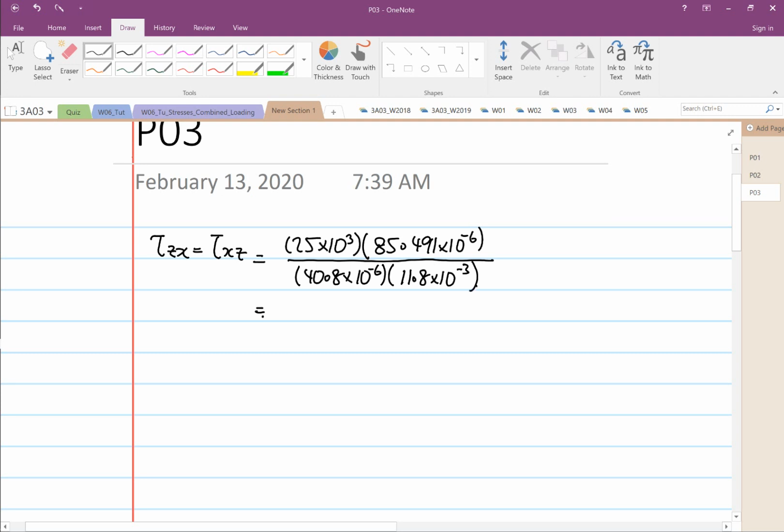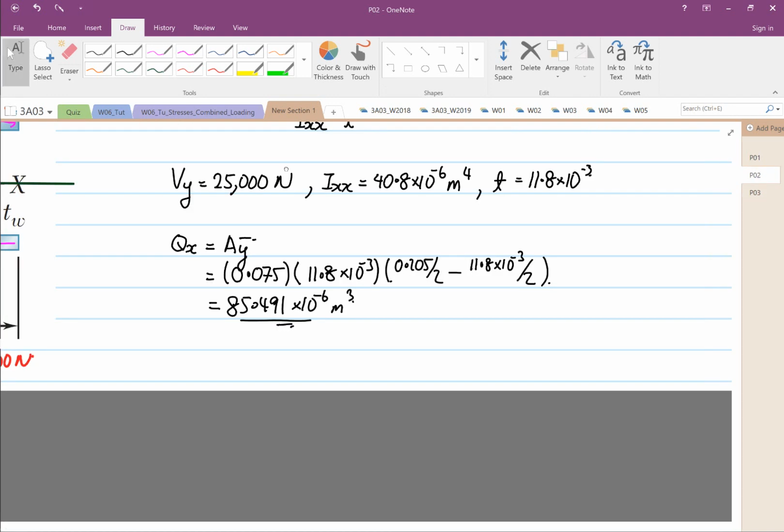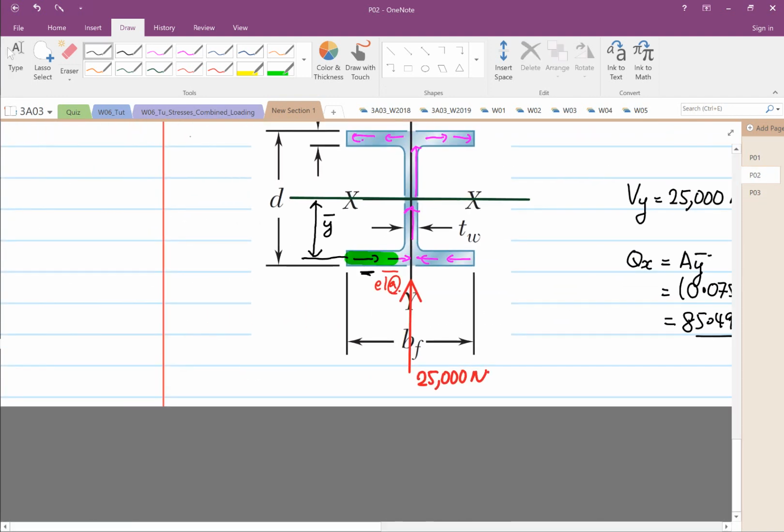So what we have over here is 4.439 times 10 to the power 6 Pascal, and it's going towards the right because the shear flow over here is going towards the right.